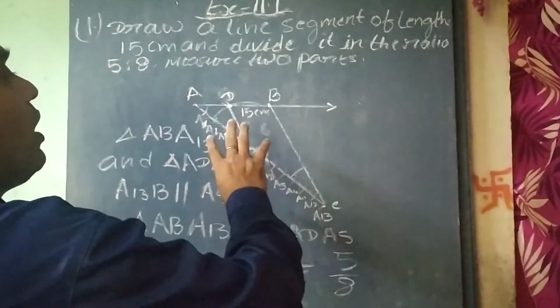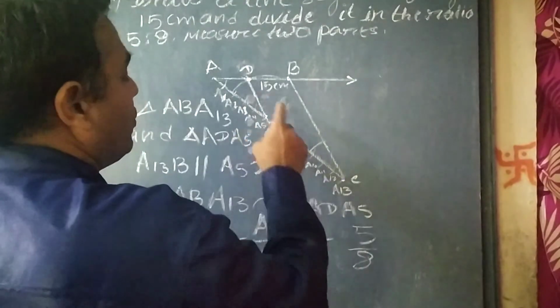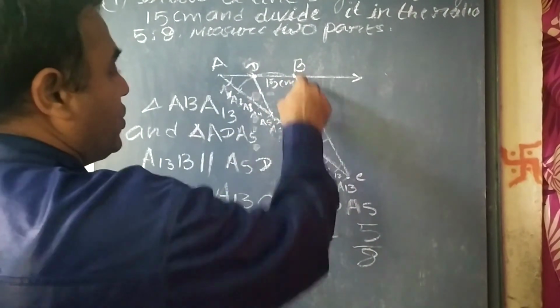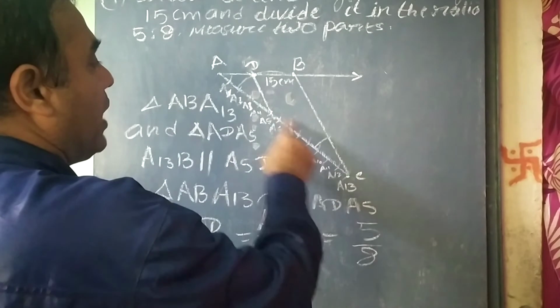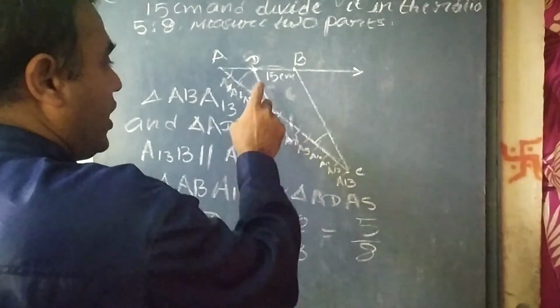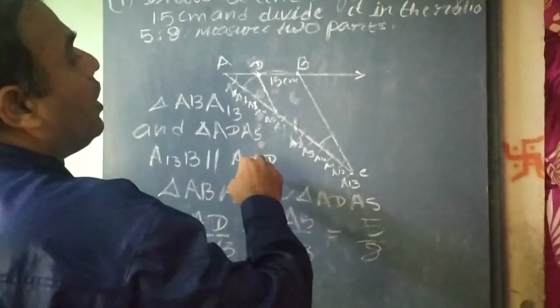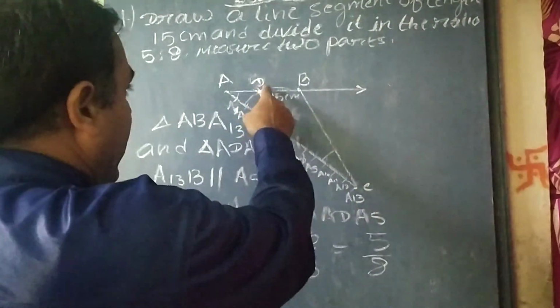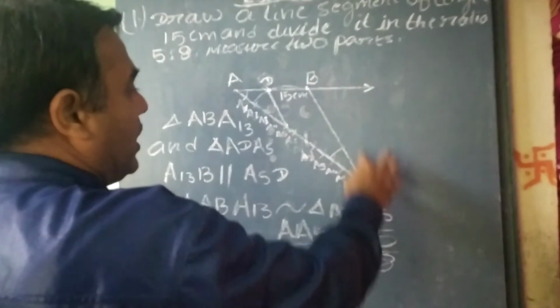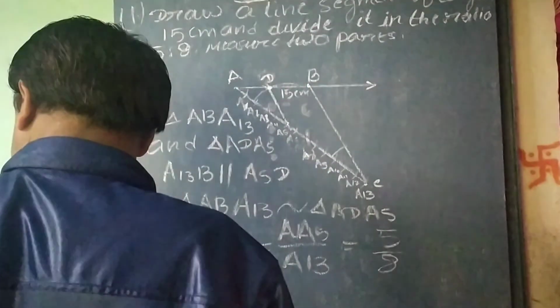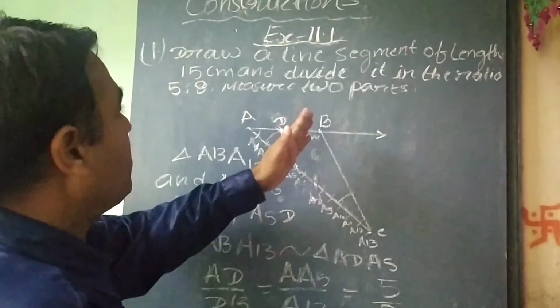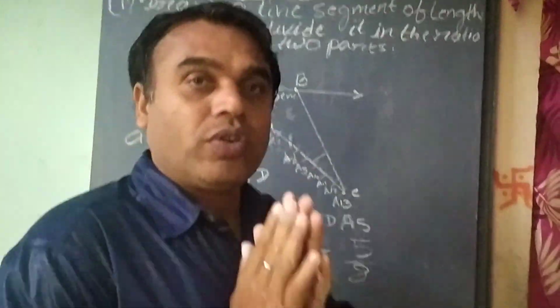We measure the angles: these two angles are equal as the two lines are parallel. If corresponding angles are equal, then the lines are parallel. So A5D and A13B are parallel to each other. In this way we have divided the line segment into the given ratio. Thank you. Today's class is over.